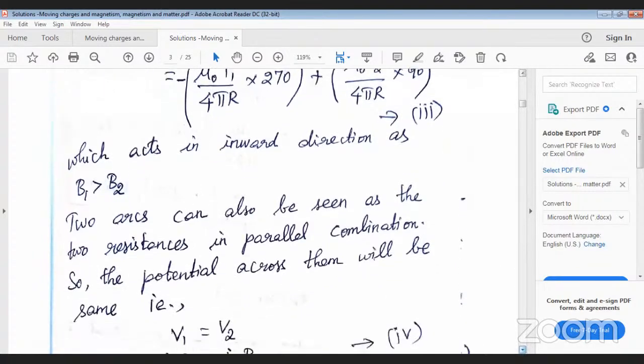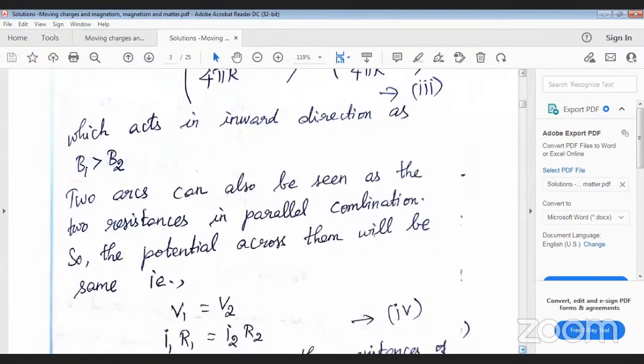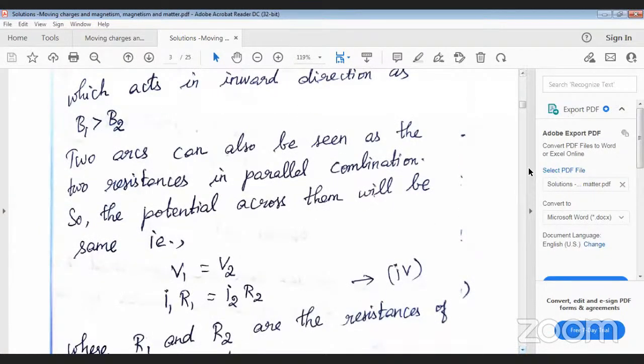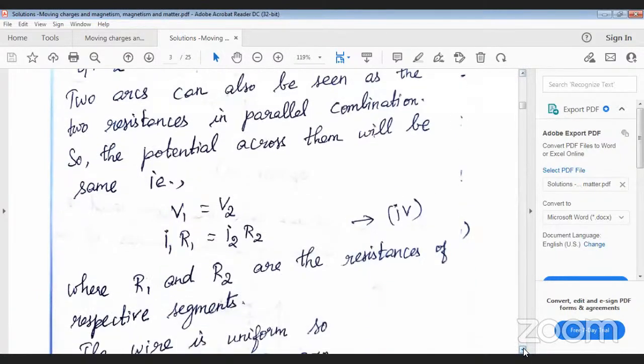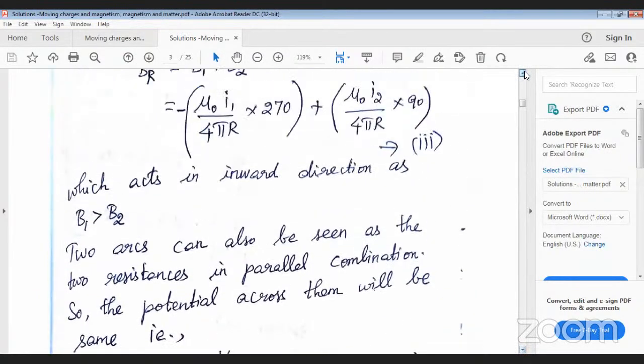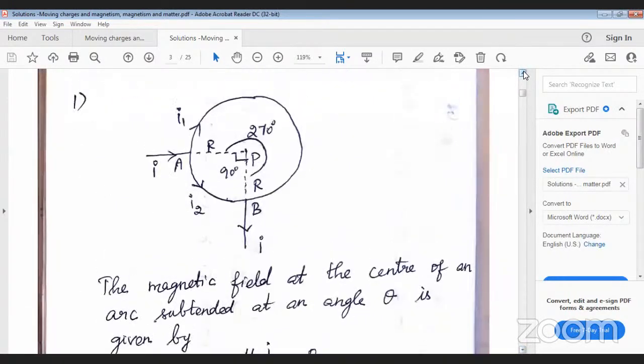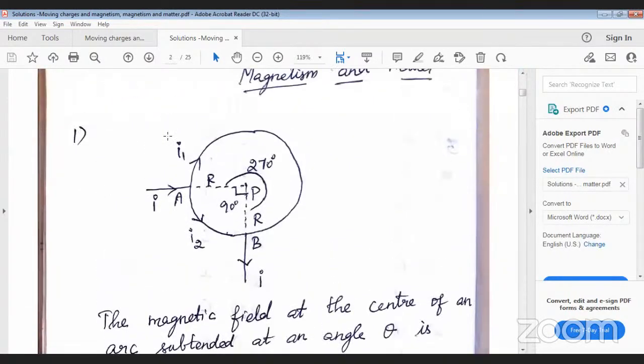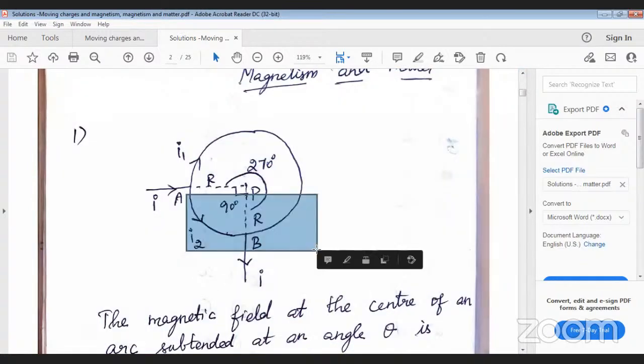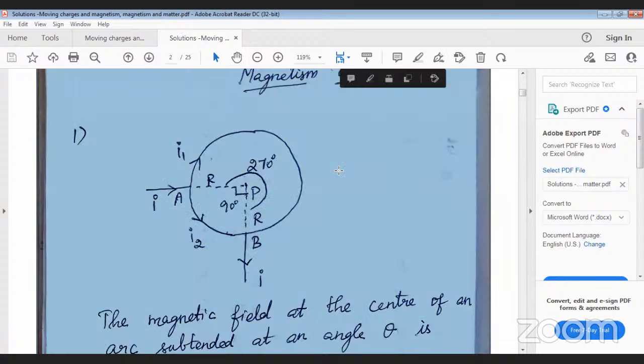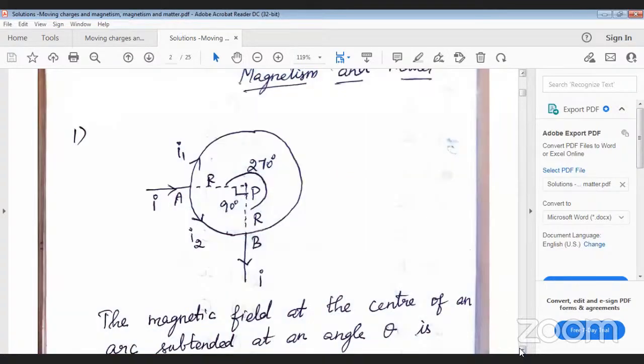Here these two arcs can be considered as two resistances in parallel combination. That means V1 equals V2, that is I1 R1 equals I2 R2. As you can see from the diagram, the arc carrying current I1 and the arc carrying current I2 can be considered a combination of two parallel resistors.